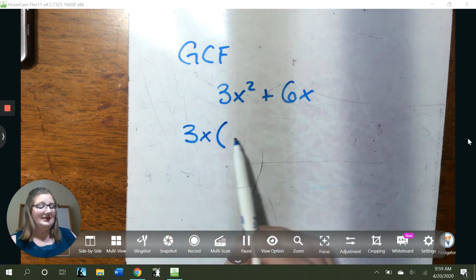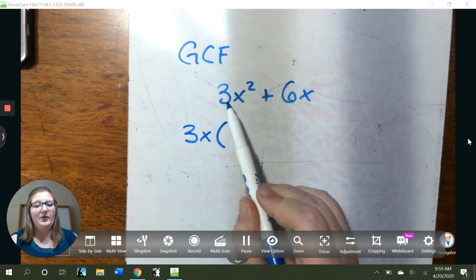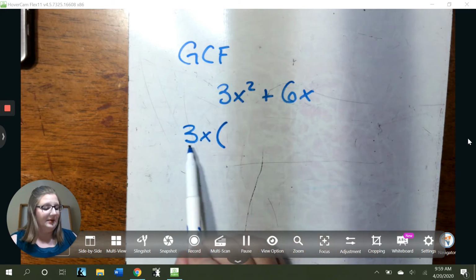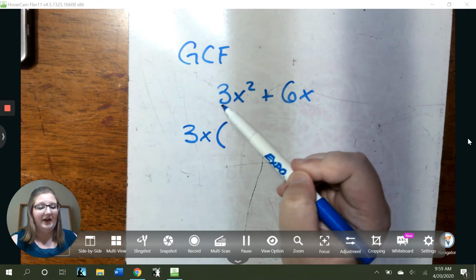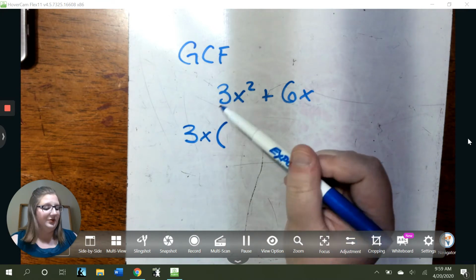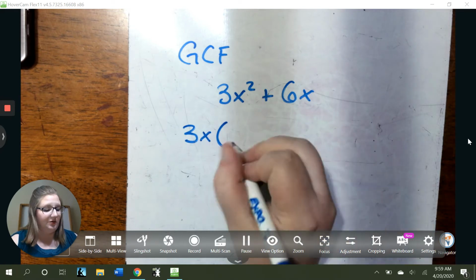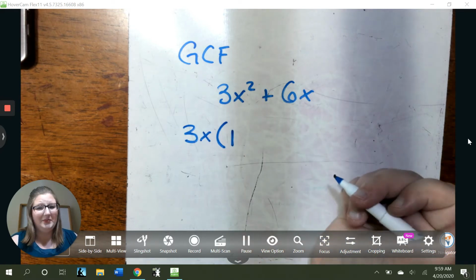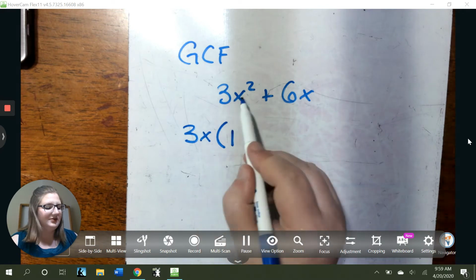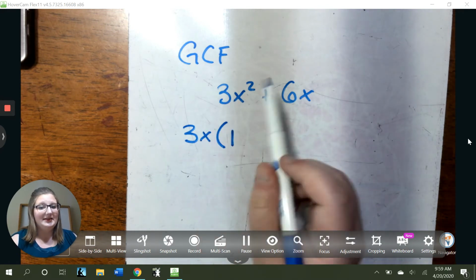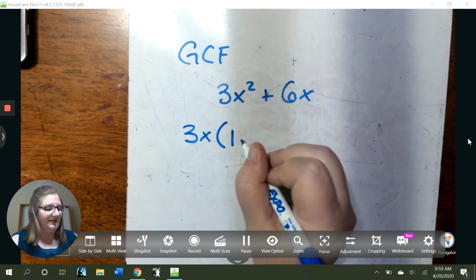And then inside our parentheses, we're going to write whatever we have left after we divide both of these terms by 3x. So when we factor out the 3x from 3x squared, 3 divided by 3 would give us 1. We could write the 1, we don't have to, but we can. And then x squared divided by x, well, we took away a single x. We had 2 to start off with, so we have an x left over.